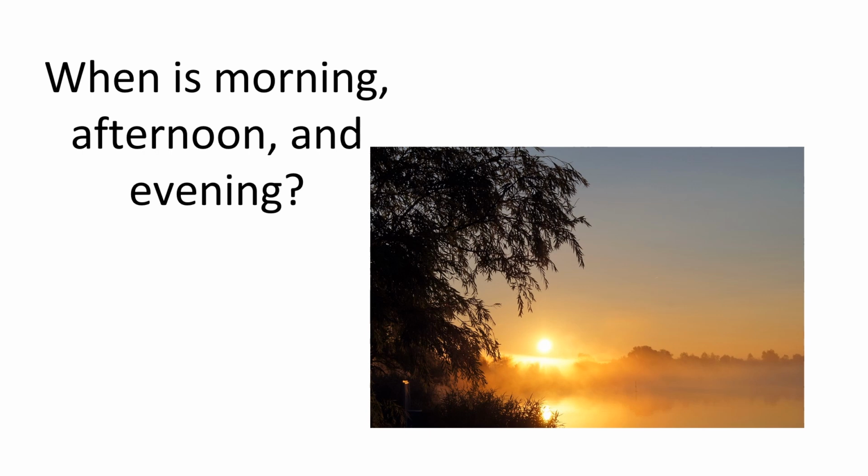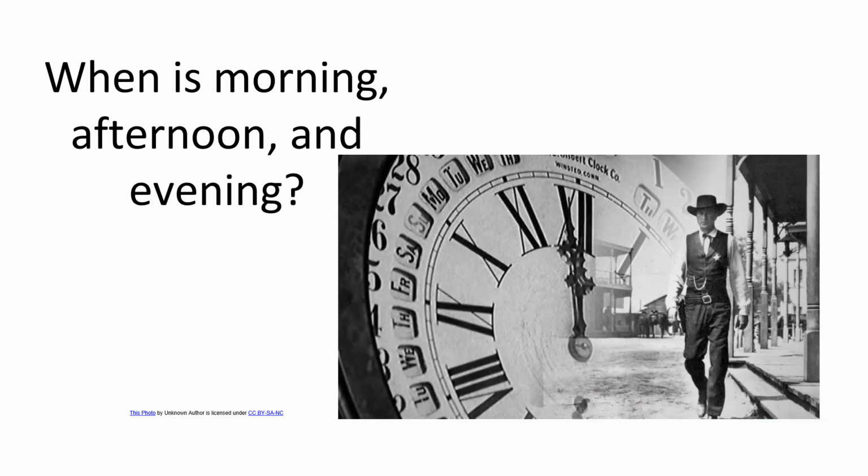A lot of my students ask me, when is morning, afternoon, and evening? Morning is typically from sunrise to about 11 a.m. Noon is 12 o'clock, but many people say let's meet around noon, which is from 11 a.m. to 1 p.m. The Wild West calls high noon 12 o'clock.